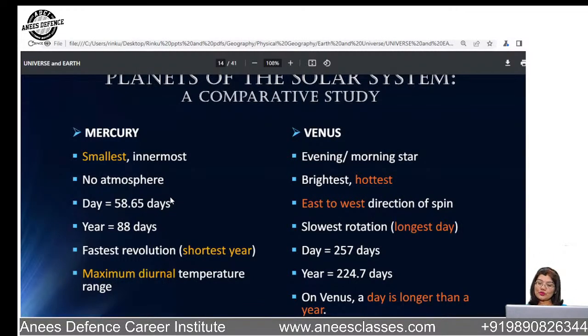We have Jupiter. Jupiter was formed first, and it occupies a huge mass. Jupiter is that planet which could have easily become a sun, but it did not acquire enough gases.